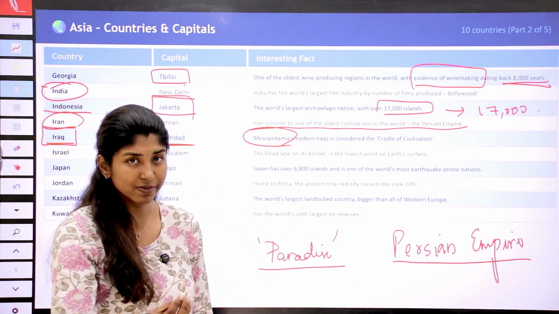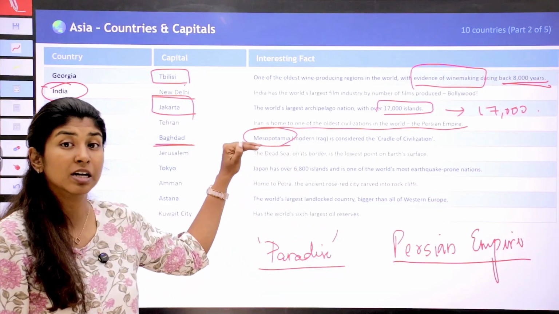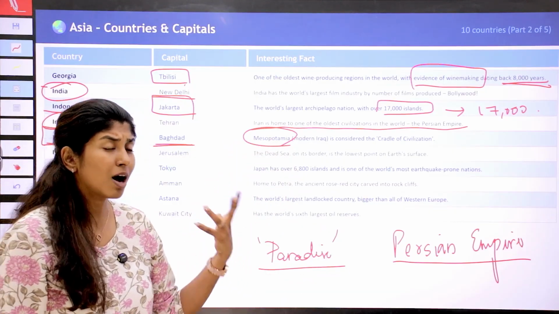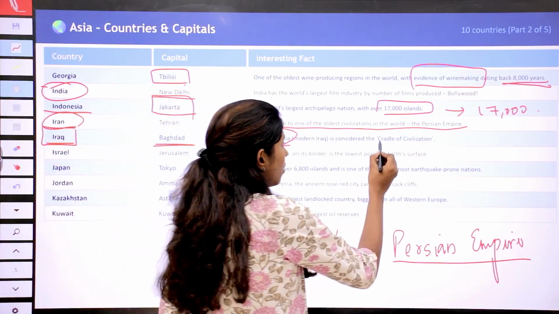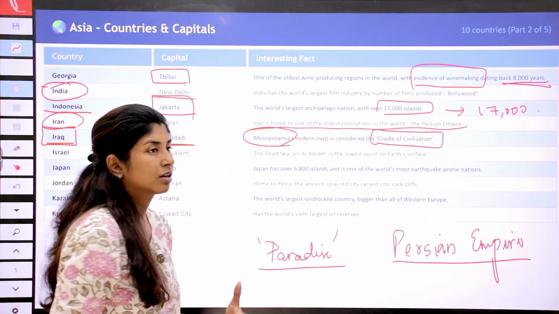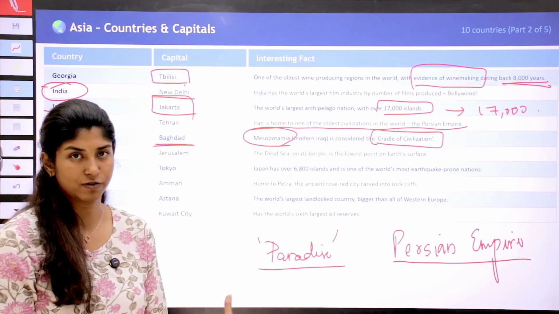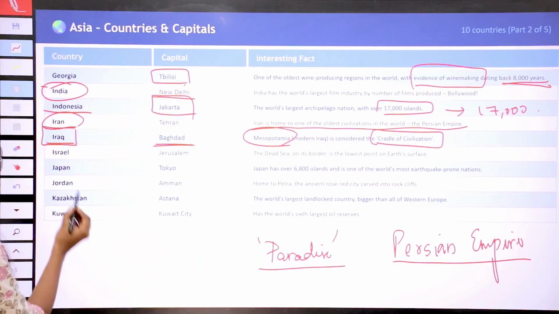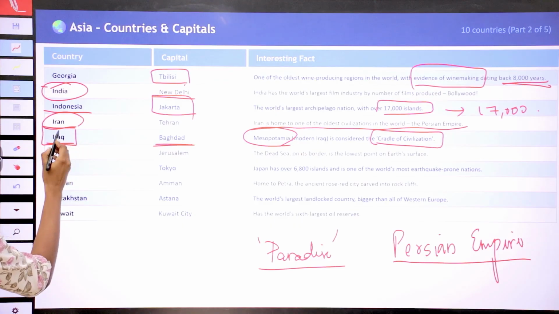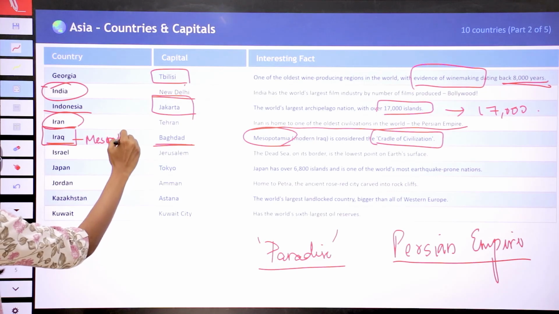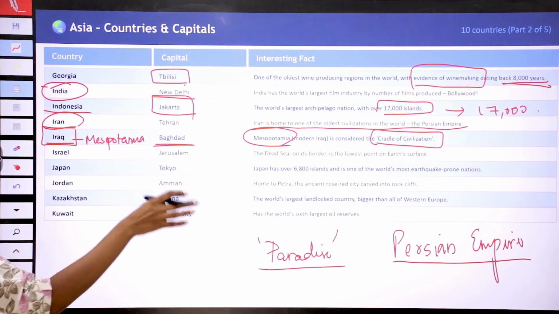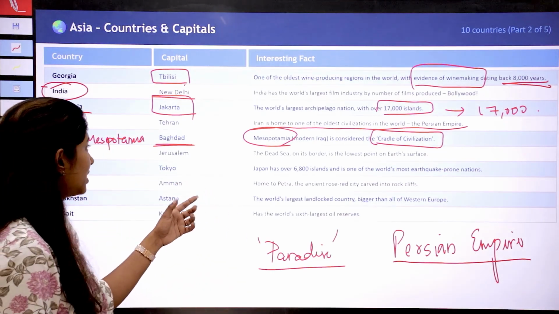Similarly, there was another civilization called the Mesopotamian civilization, which is such a vast and old civilization. It is called the cradle of civilization. Cradle, that is the start of civilization. So modern Iraq is nothing but the old Mesopotamia, and it's called the cradle of civilization. Its capital is Baghdad.